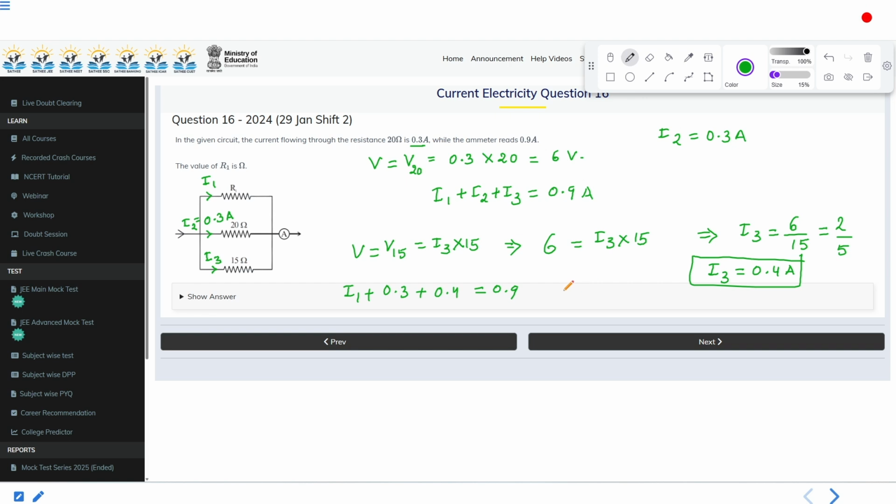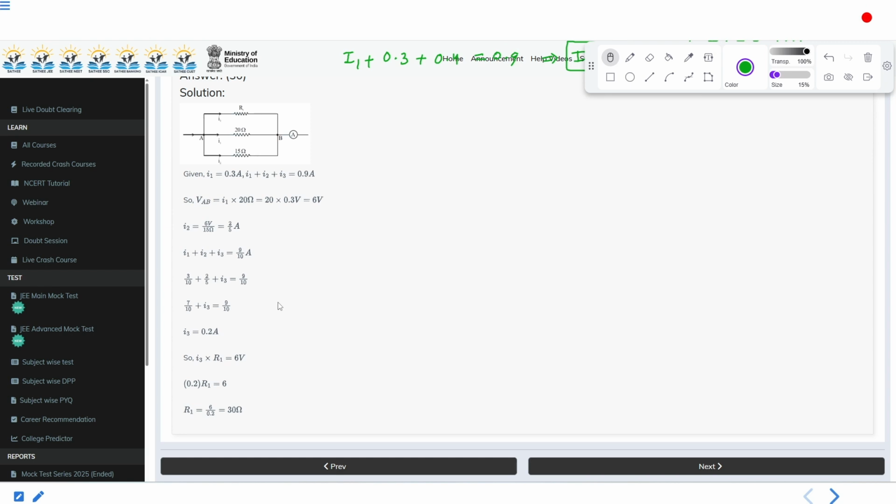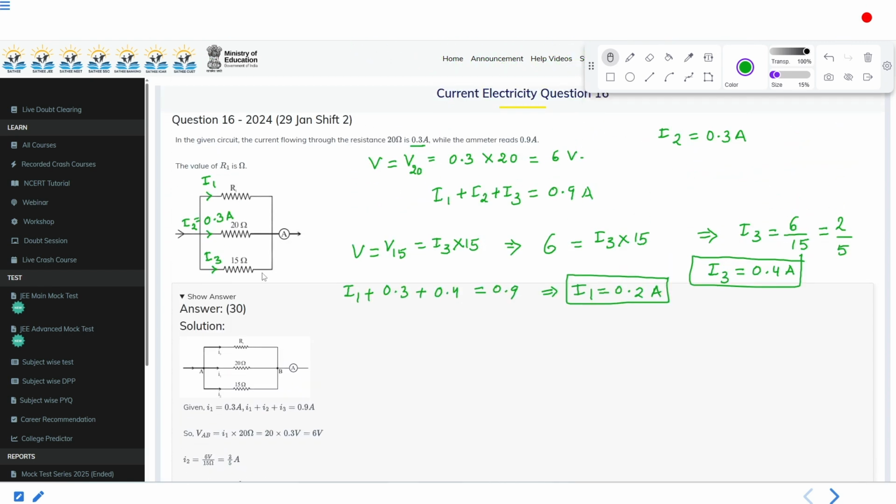So that becomes 0.7, and I1 will become 0.2 ampere. Got it? So the answer will be 0.2 ampere. We have to find R1.